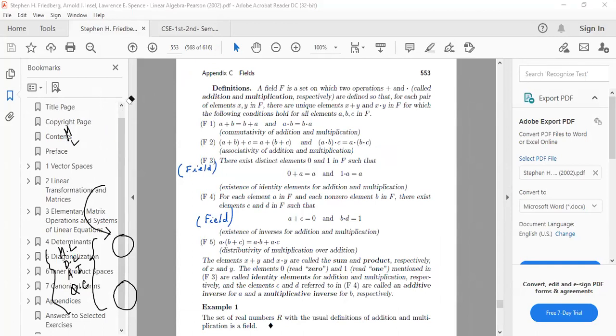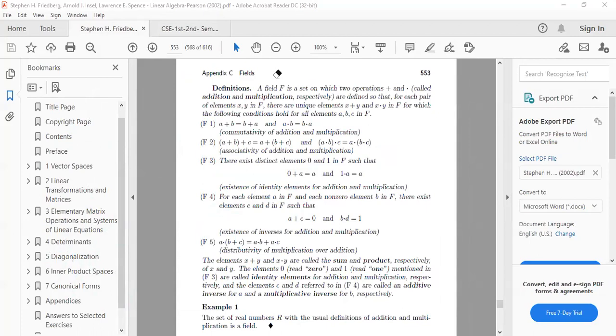This page is a part of a book that I'm sharing with you right now. The name of the book will be told to you later on, but let's concentrate on this definition, the definition of field. First, let us try to find out what is written over here.